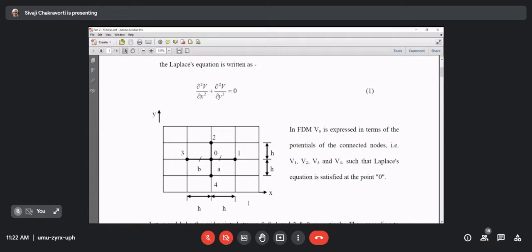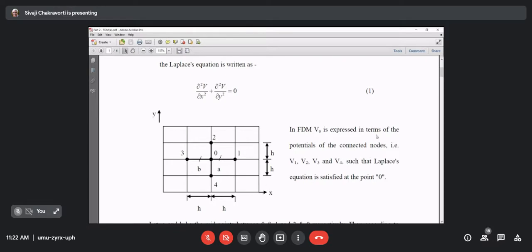But when I do that, naturally a question will come: why square? Square means that distances are all equal. Is it really a practical assumption?